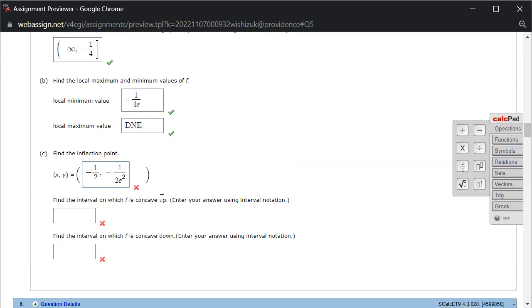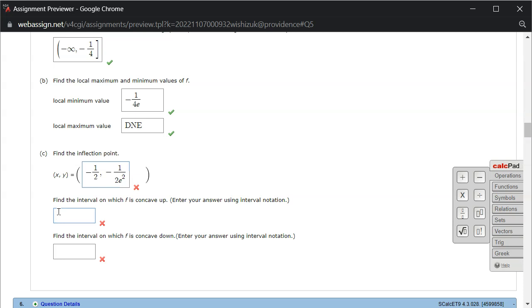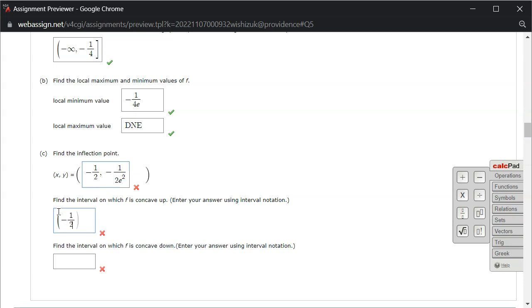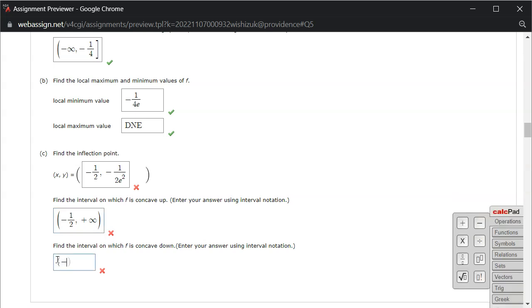And then concave up is from negative 1/2 all the way to positive infinity, and concave downward is from negative infinity to negative 1/2.